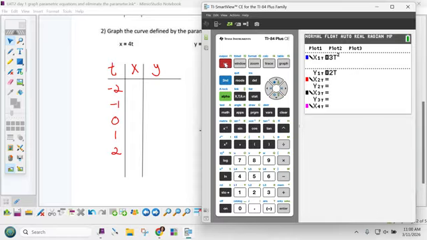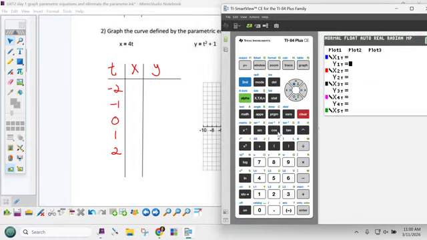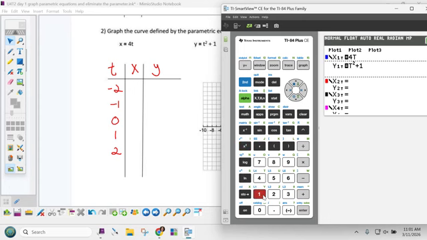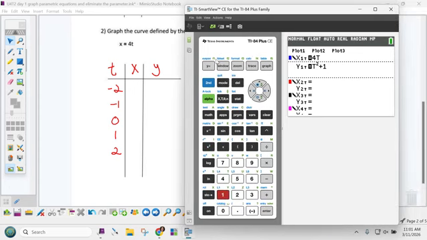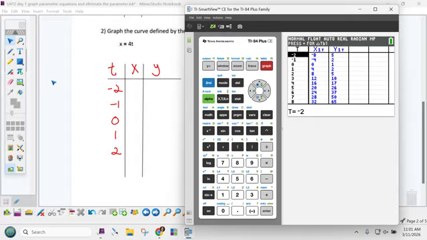So I'm going to go to Y equals, clear out what's there. Let's see, x is 4t. y is t squared plus 1. Second graph. Copy your numbers into your packet.